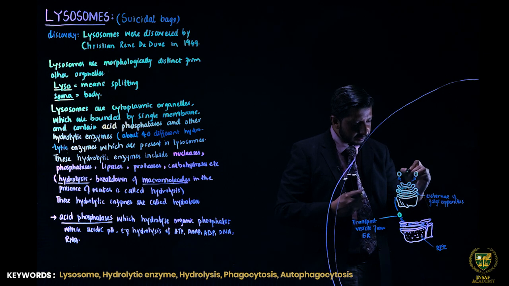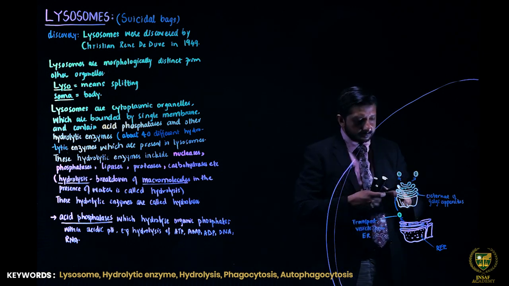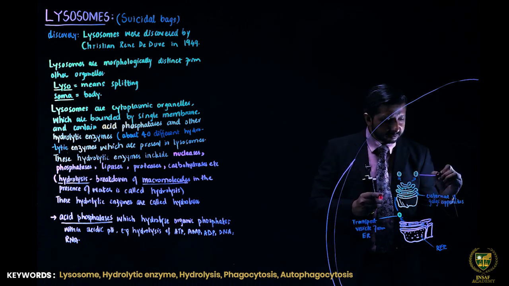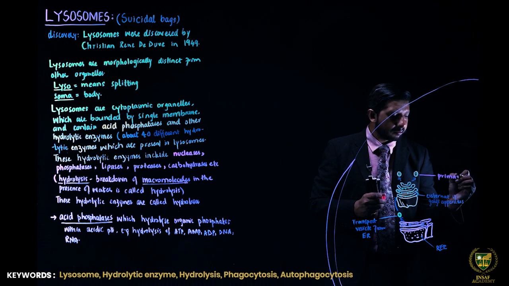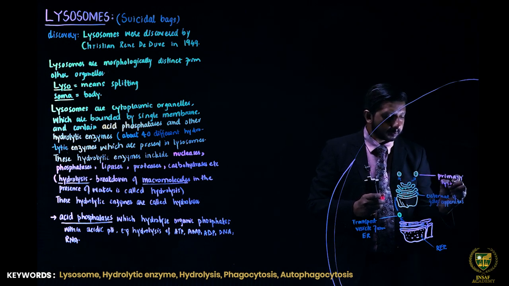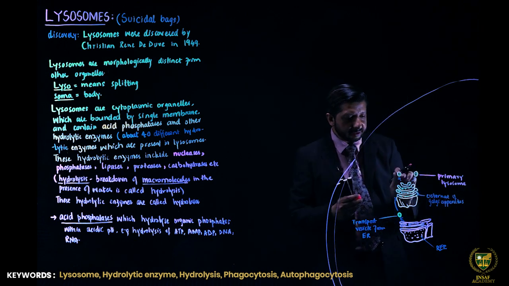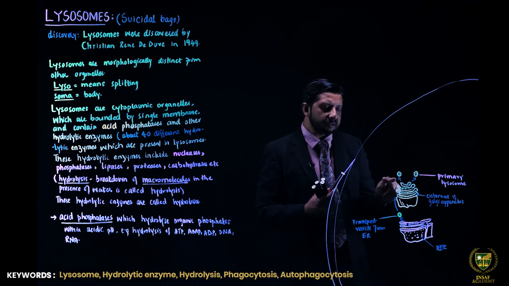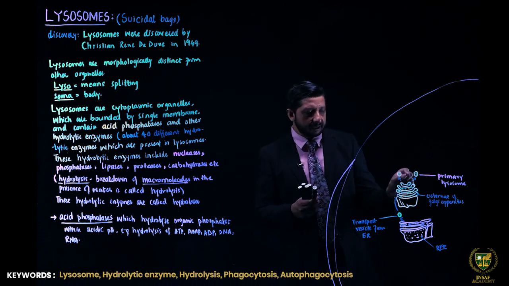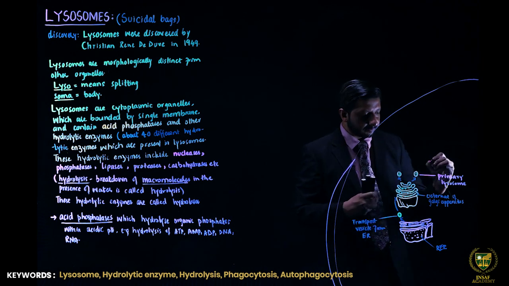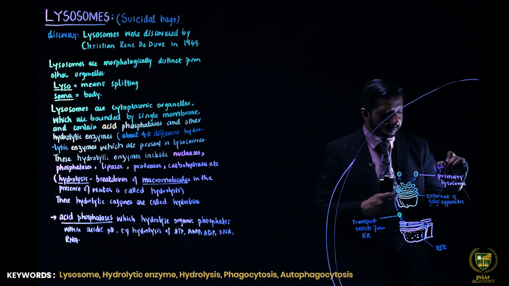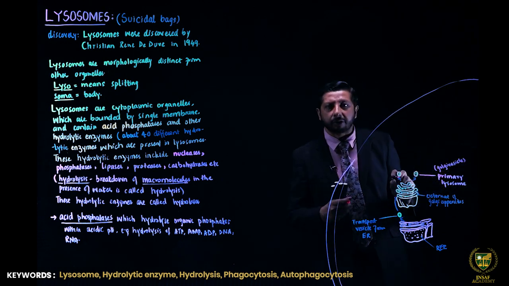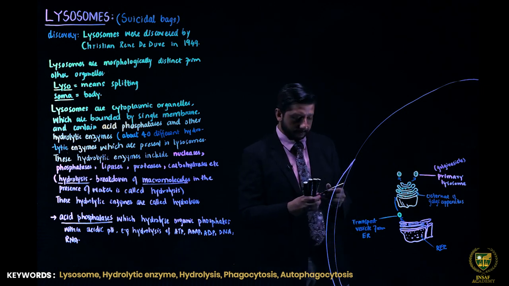Here you can see this is budded off, basically the primary lysosome. Here also a primary lysosome is budded off, containing the hydrolytic enzymes, the lysosomal enzymes. This is the Golgi vesicle, but it contains the hydrolytic enzymes, so it is called the primary lysosome.